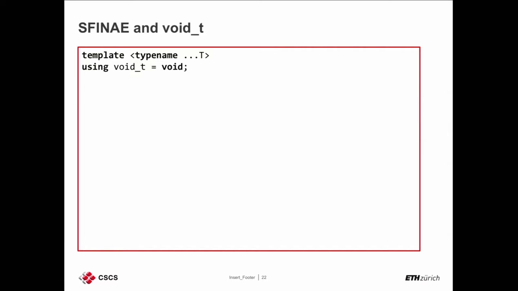Another instance of this is void_t, which is even nicer, I think. Instead of enable_if, which is verbose, you might actually use void_t. And void_t is a C++17 feature. That is the implementation.